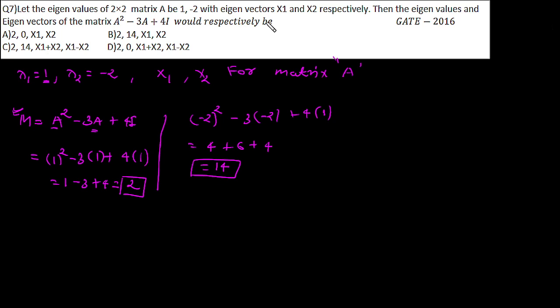And now we also have to find the eigenvectors of this M matrix. Now remember that the eigenvalues change, but the eigenvectors will remain as they are. It does not depend on whatever operation we perform on this matrix A, either it is cubed or in terms of some polynomial, the eigenvectors remain as they are. So eigenvectors are still x1 and x2, and the eigenvalues of this new matrix M will be 2 and 14.